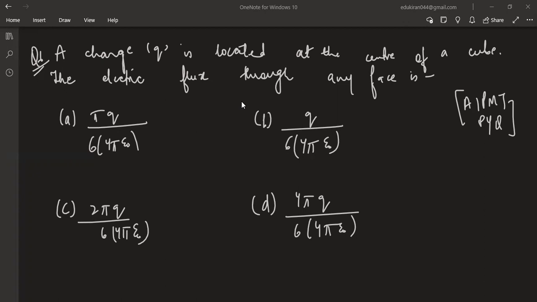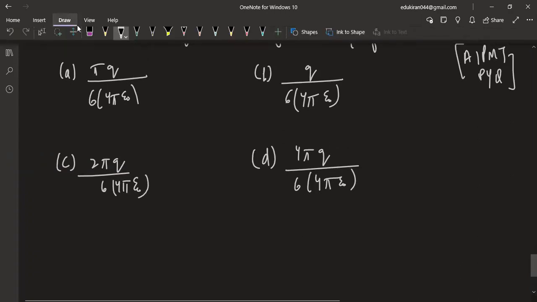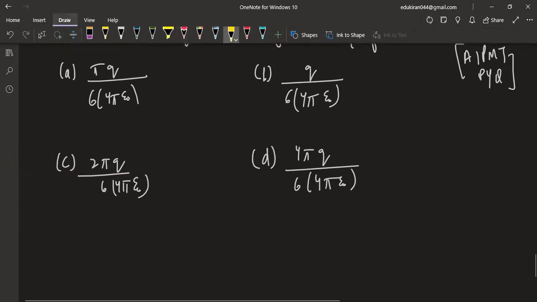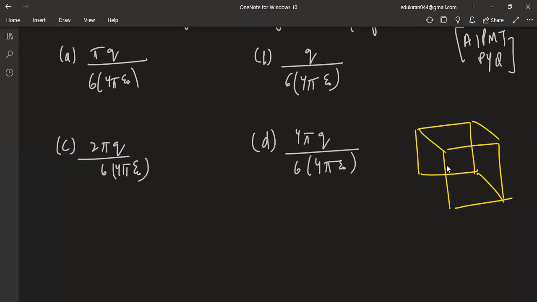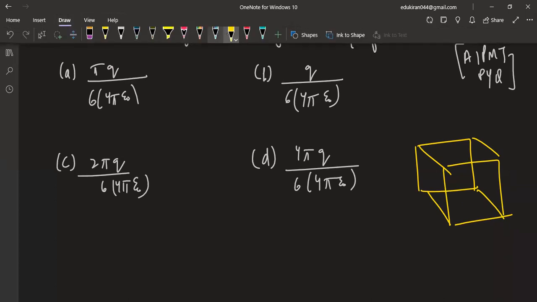how to solve it? See, if charge Q is located within the cube, any question related to this part can give you some modification of this. So what you can do: if you have a cube, within this cube charge Q is held.